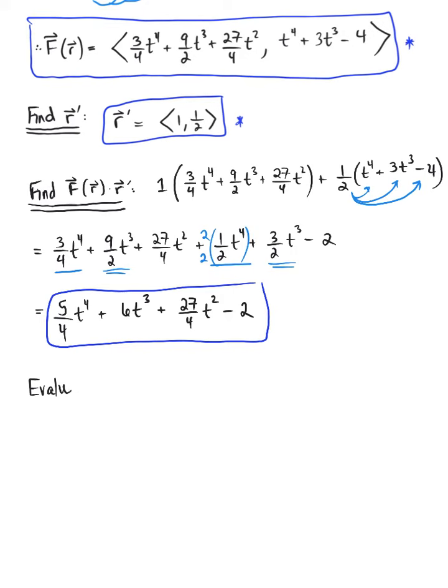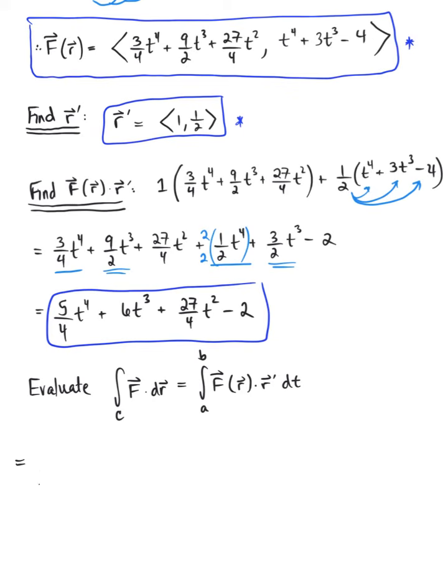So here we go. Again, let's keep in mind that we were asked to evaluate the vector line integral over that oriented curve C. So we know this is equivalent to the integral from a to b of the parameterized vector field dotted with the tangent vector dt. So again, just be careful of the bounds.